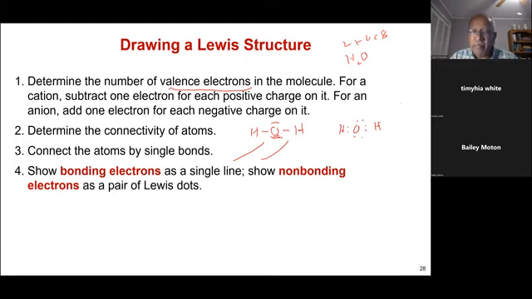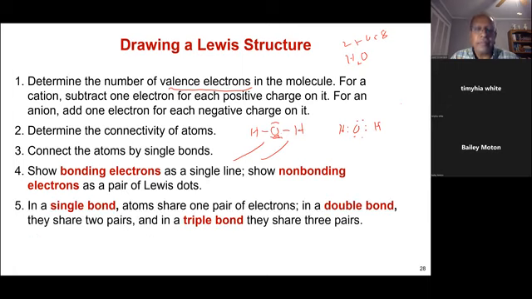In some molecules, to fill the octet, you need to form more than 1 bonding electron pair between two atoms. For example, a single bond is 1 electron pair shared between two atoms. A double bond is 2 electron pairs shared between two atoms.